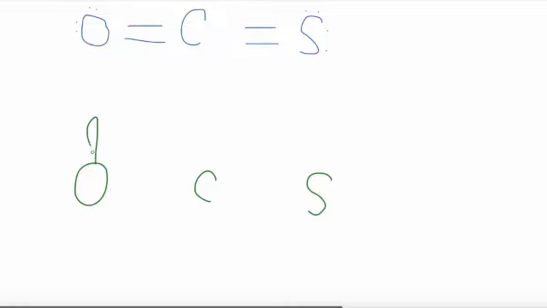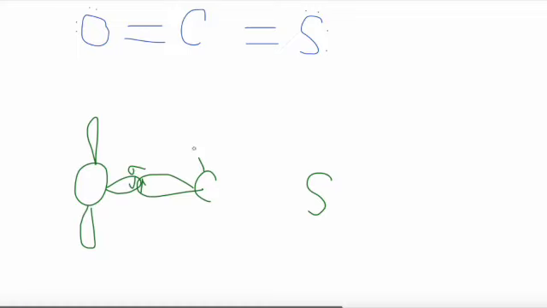So we draw the pi bonds like this. This is your p orbitals for the pi bond, and this is for your sigma bond, head on. So this will allow for something like this, and this will be your sigma.